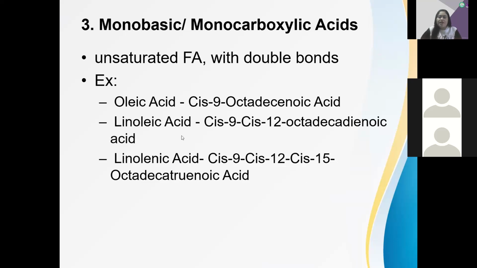So actually, these three, if I'm not mistaken, contain 18 carbons all in all, but they differ in the number of double bonds. So oleic acid only contains one double bond. The linoleic acid, 2 double bonds, and the linolenic acid, 3. So you can see that in the numbers. So yung oleic acid, carbon number 9 lang, si linoleic acid 9 and 12, and si linolenic acid 9, 12, and 15.